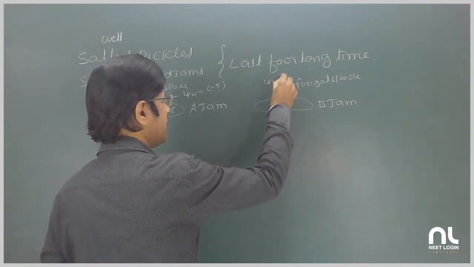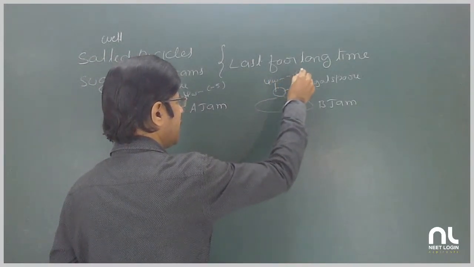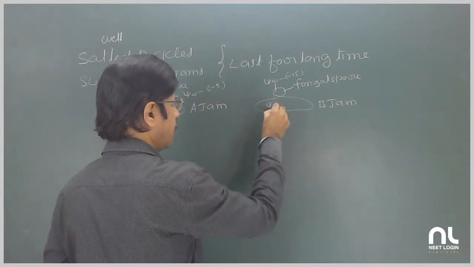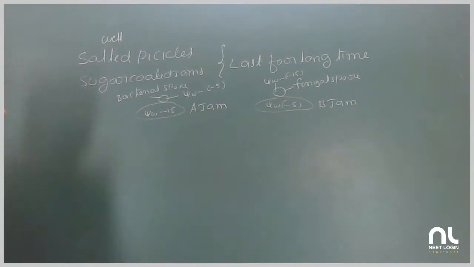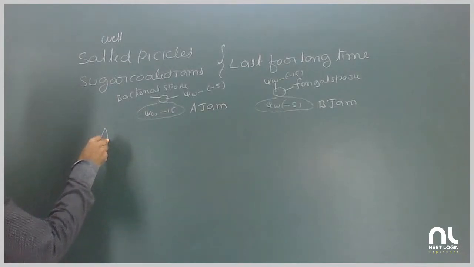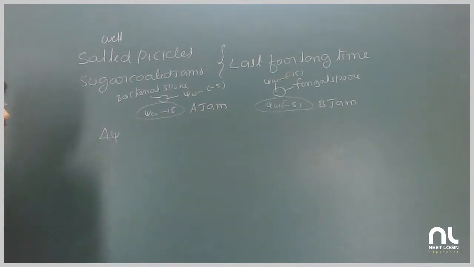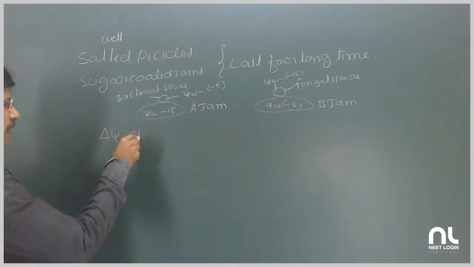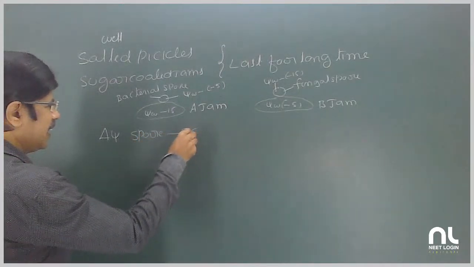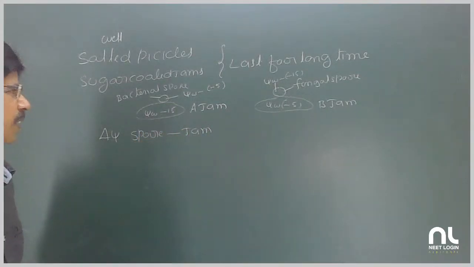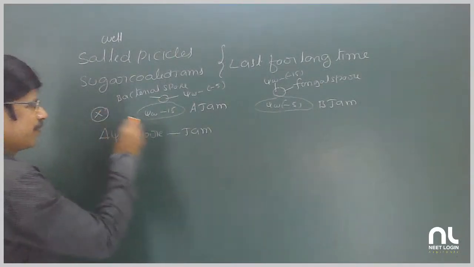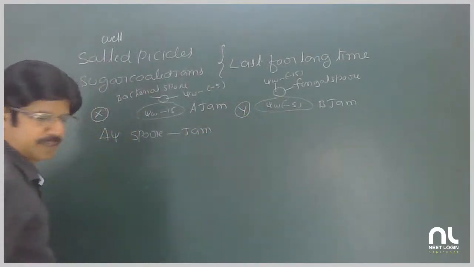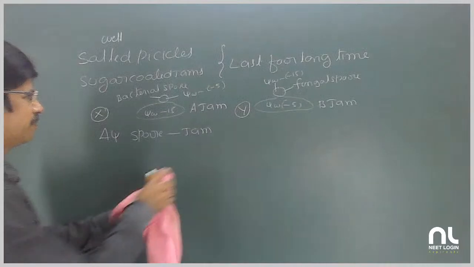So there is a difference of water potential between spore and jam. Suppose it is X, it is Y. Already mentioned A jam and B jam.